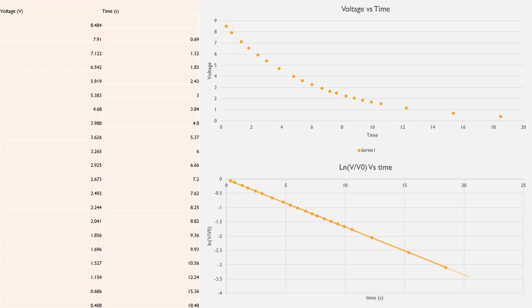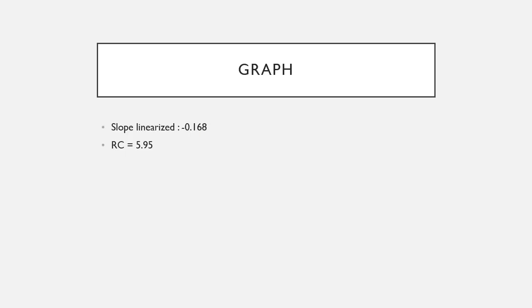And here we can see our data when we calculated the voltage of the light versus the time, and then we linearized it so that we could find out the RC, because the RC would tell us the time constant. Our linearized slope was negative 0.168, which means the RC value would be 5.95, because RC is negative 1 divided by the linearized slope value.